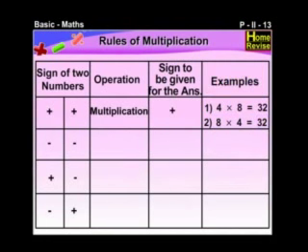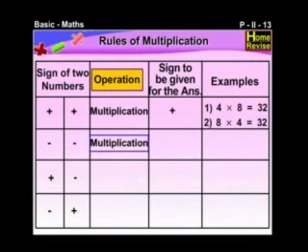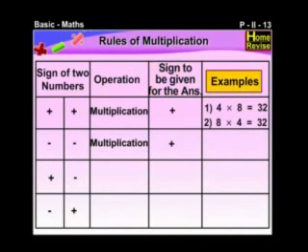The second rule of multiplication, if the two numbers are negative, then after the multiplication, give the plus sign to the final answer. For example, first example, minus 4 into minus 8 is equal to 32. Second example, minus 8 into minus 4 is equal to 32.